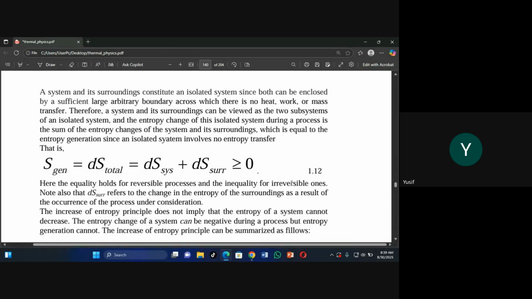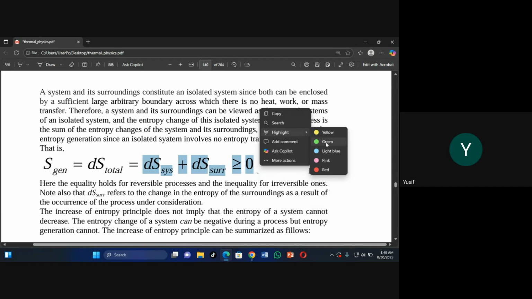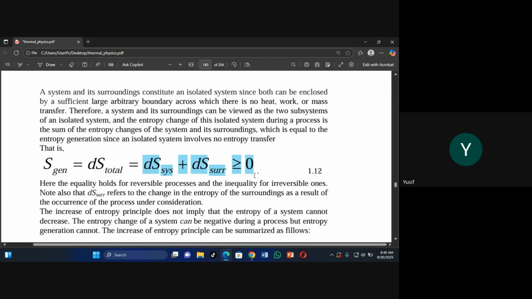Okay, so this inequality holds for the irreversible process, whilst this one holds for the reversible process.